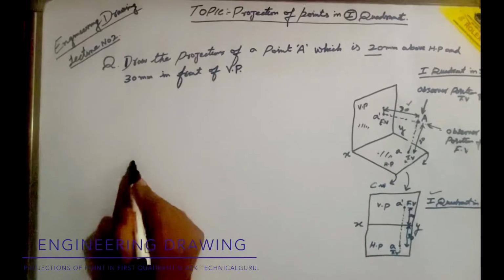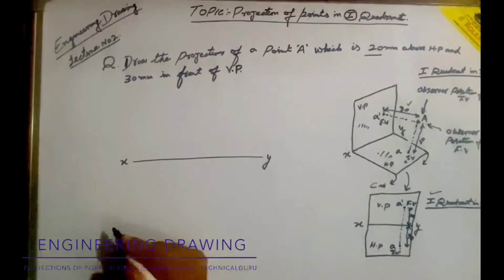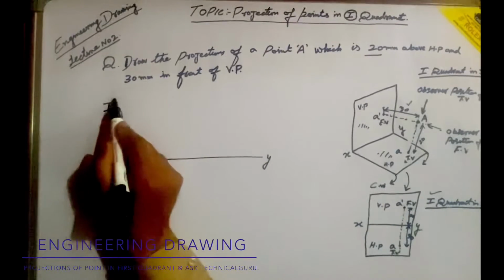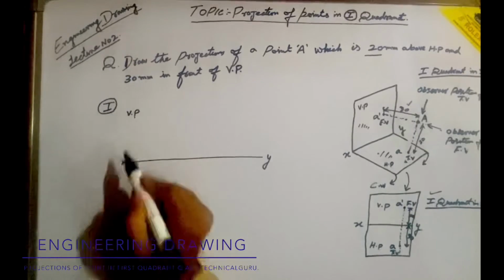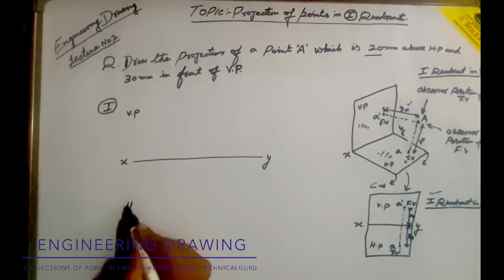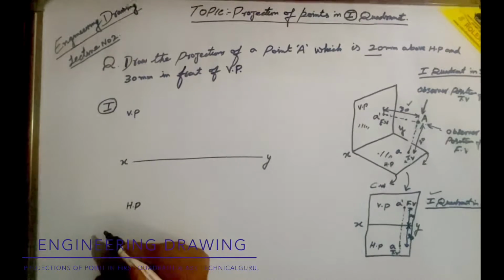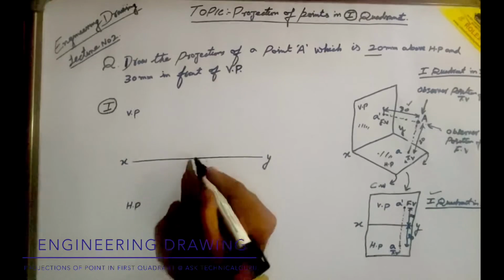First of all, we are supposed to draw the xy line, okay. For remembrance, we say this is the first quadrant, okay. So in first quadrant, vertical plane is above this xy line and horizontal plane is below this xy line, okay. Then we are supposed to take the scale and measure.